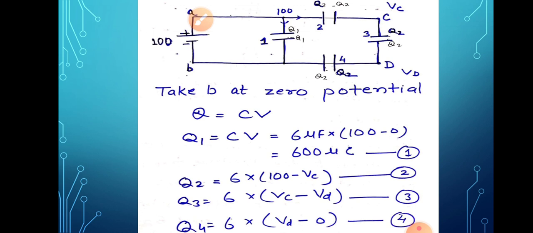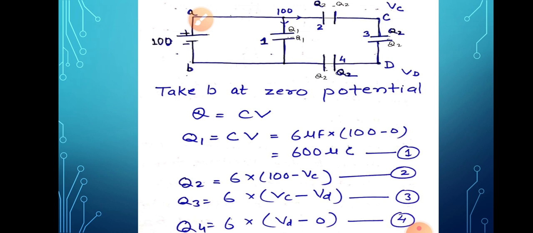Similarly, for capacitor number 2, Q equal to CV, 6 into 100 minus Vc. Here 100, here Vc. Then for capacitor C3, remember that for capacitors 2, 3 and 4, the charge will be the same because they are in series.